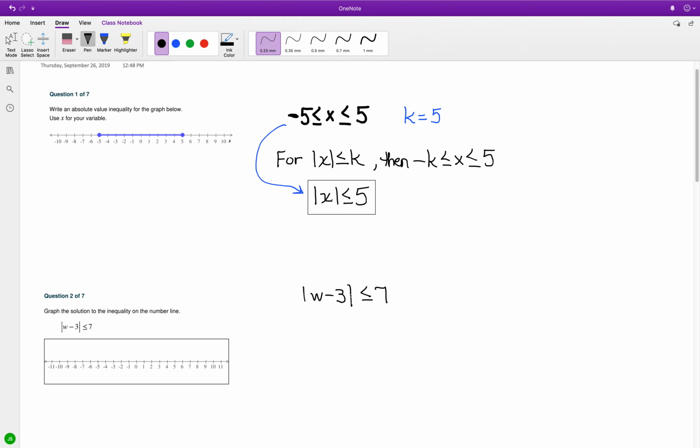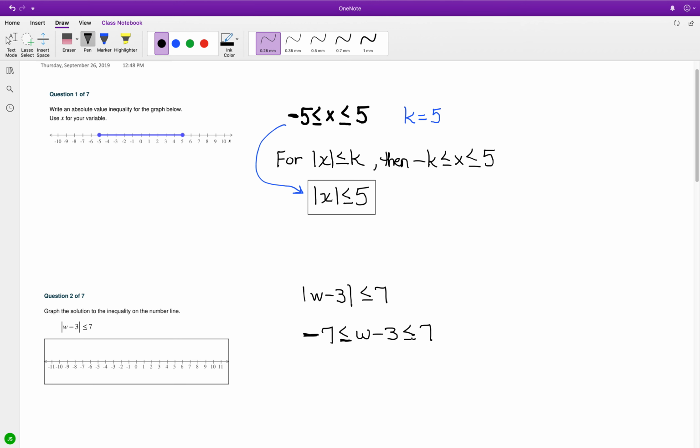If I remove w minus 3 from the absolute value symbols, w minus 3 is going to be between the values that have an absolute value of 7. At the lower end, we have -7, and at the upper end, we have +7. So w minus 3 lies between -7 and +7 inclusively.